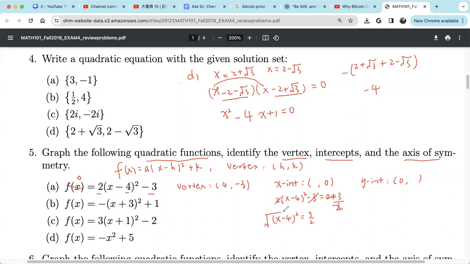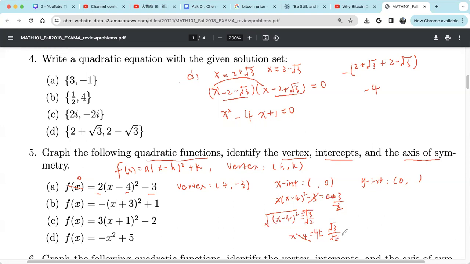Now we use the square root property. So plus or minus square root on both sides. We have x minus 4 equals plus or minus square root of 3 divided by square root of 2. Now negative 4 we move to the other side, becoming positive. So we get two solutions, two x-intercepts. One is 4 plus radical 3 over radical 2.